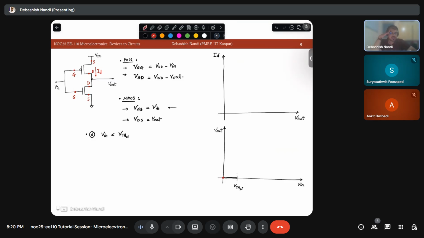First start at 0. Let's say your VTH, just let's start at this. Tell me, if your V in is 0, what will happen?